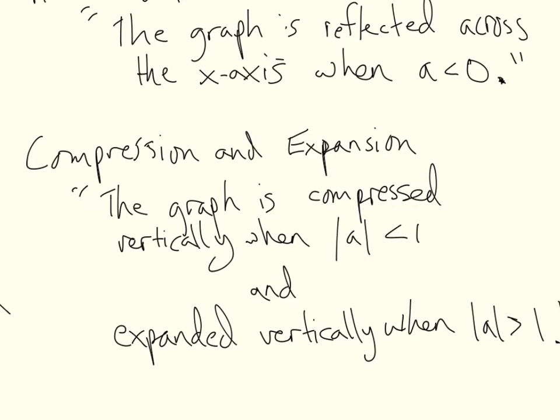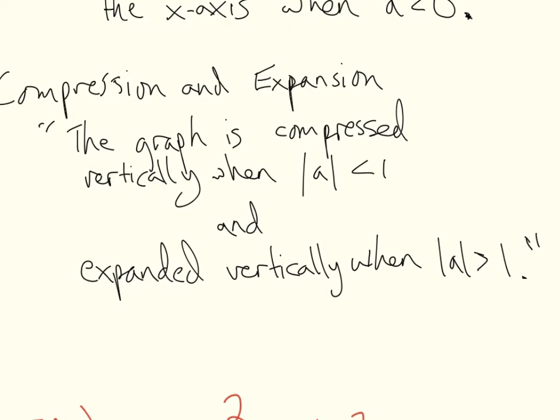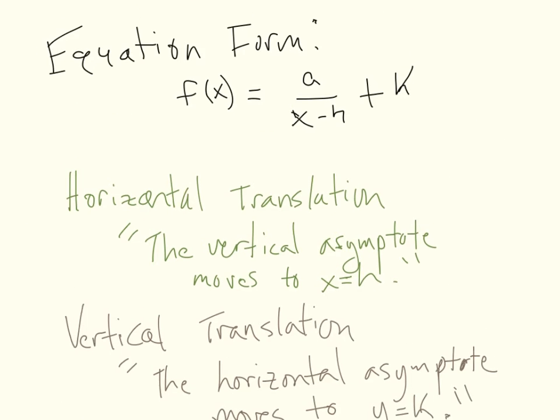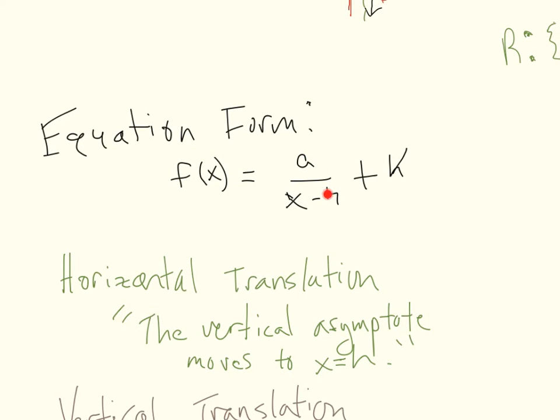It's going to shrink. It's going to compress vertically. And if your a is bigger than 1, or it's not a fraction basically, then your graph is going to expand vertically. So these letters, they're placeholders right now, but these describe how our original parent function, f of x equals 1 over x, how it changes.